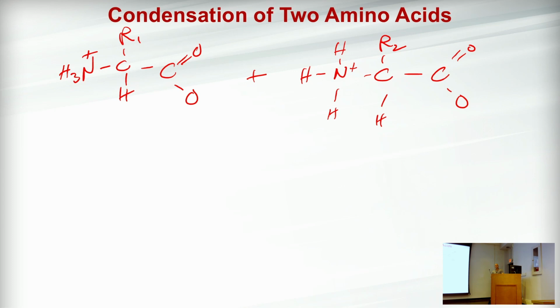I harped on it when I was talking about polar charged amino acids. They had what? Exchangeable protons, right? And we just learned that this whole formation of a bond happens inside the active site of a protein.